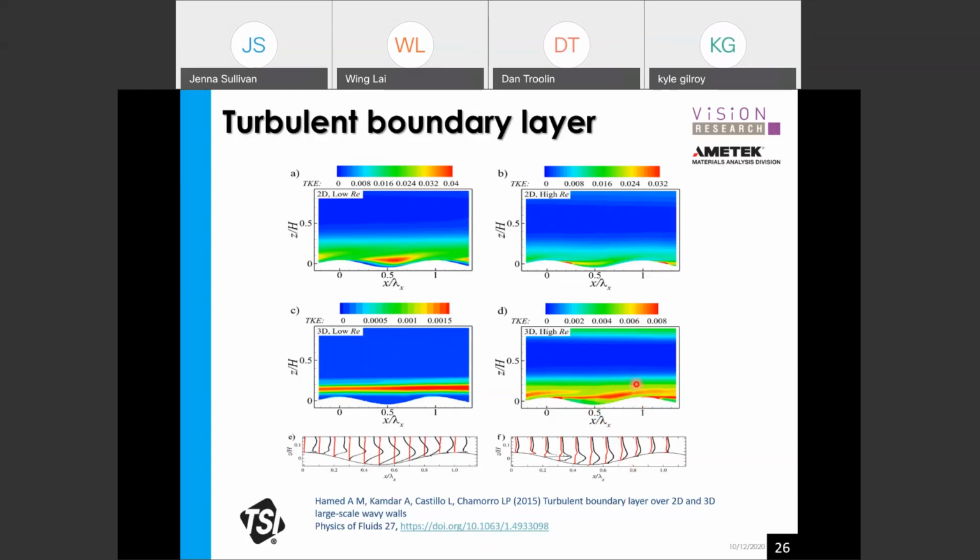So you can see the benefit of the stereoscopic arrangement compared with just a planar 2C, 2D arrangement. Because particularly for cases with strong third component across the laser light sheet, there's a lot of useful information that can be generated from the stereoscopic PIV system.